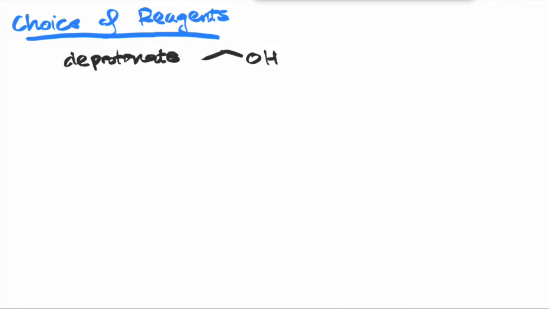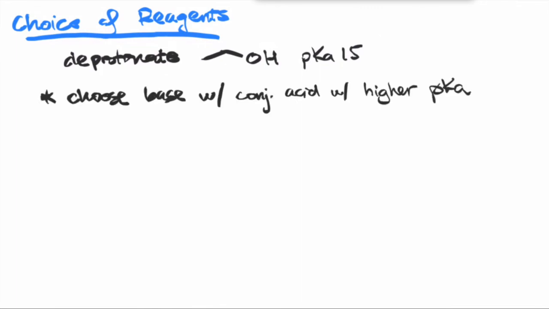Let's say you want to deprotonate this molecule, which has a pKa, again, is an alcohol, so around 15. So which reagent will you use to deprotonate this molecule? And specifically, which base would you use? And it turns out you want to choose a base that has a conjugate acid with a higher pKa than the acid that you want to react with.